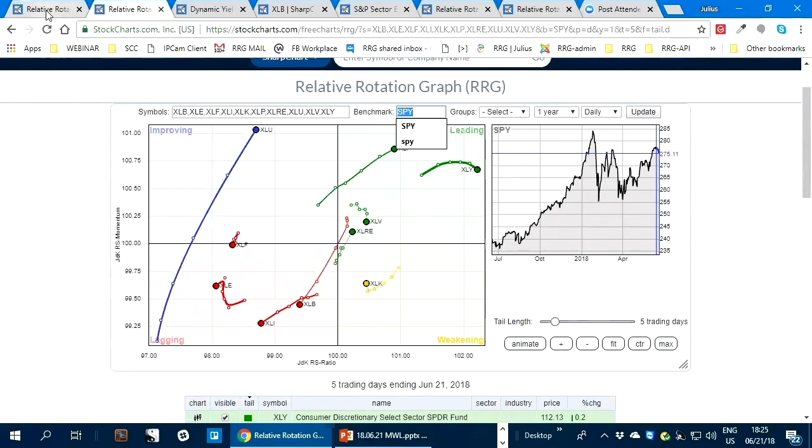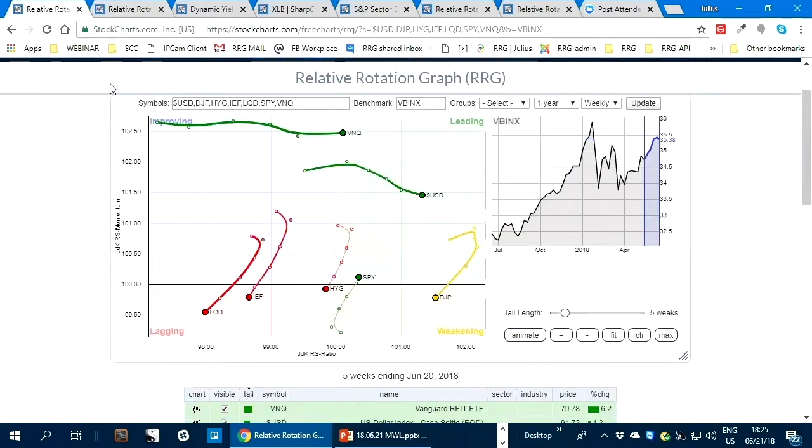If we go back to the asset allocation RRG, it's an open universe, because VBINX is the Vanguard Balanced Index Fund that consists of 60% US equities and 40% US government bonds. So basically, the only two items on this chart that are included in the benchmark are SPY and IEF.